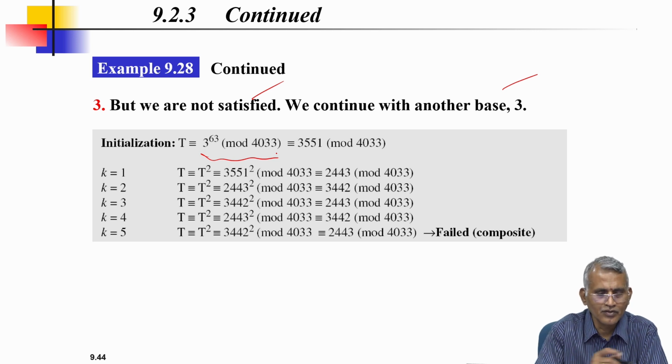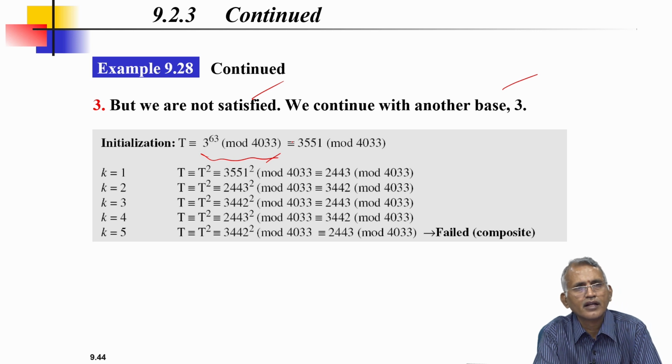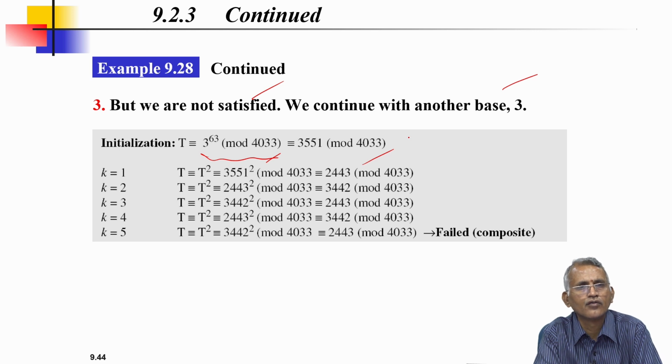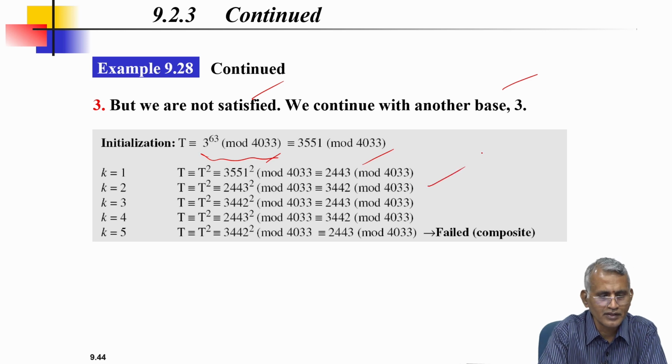So, t equals t square, which is 3551 square under modulo 4033, which is identically equal to 2443 under modulo 4033. Let k equal 2, t equals t square, which is 2443 square under modulo 4033, identically equal to 3442 under modulo 4033.